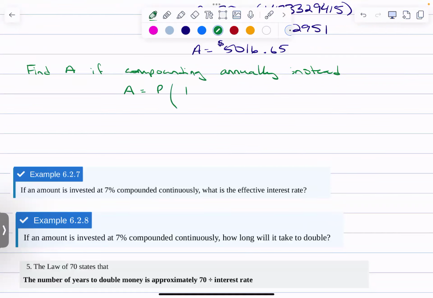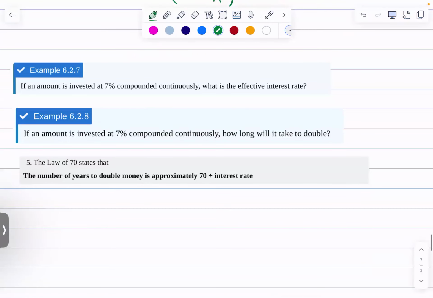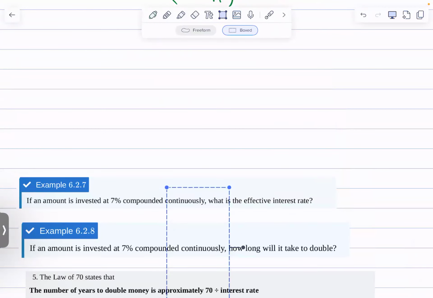A is P times 1 plus r over n to the power of n times t. So I'm compounding annually, and I want to solve for A.